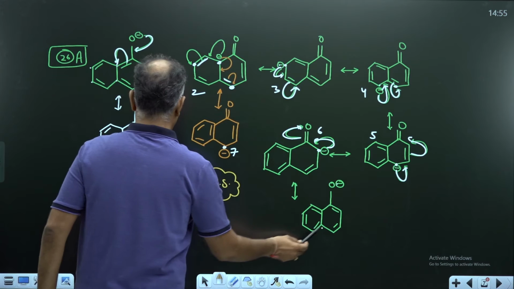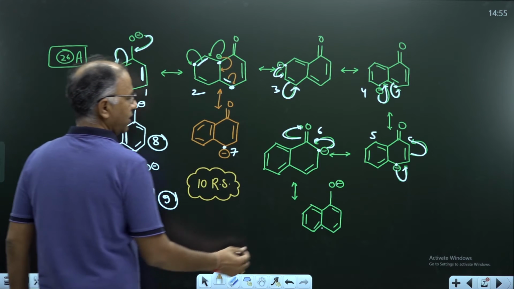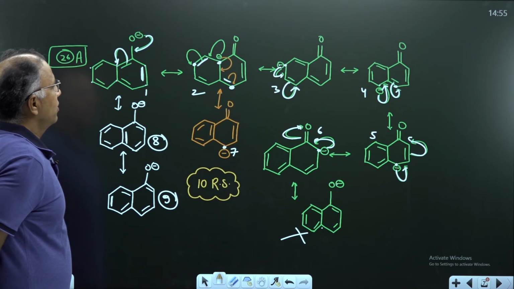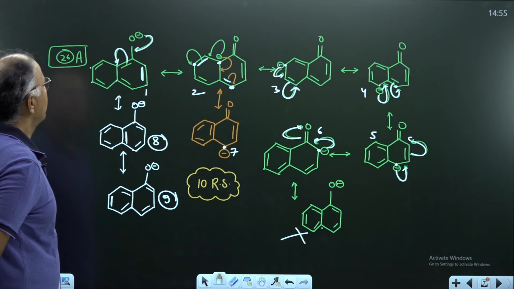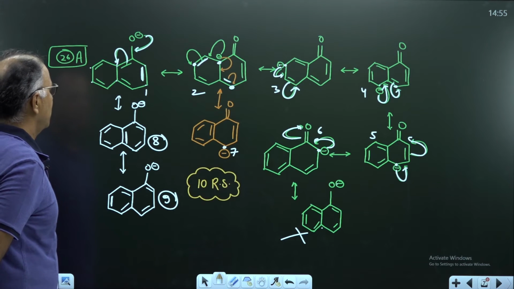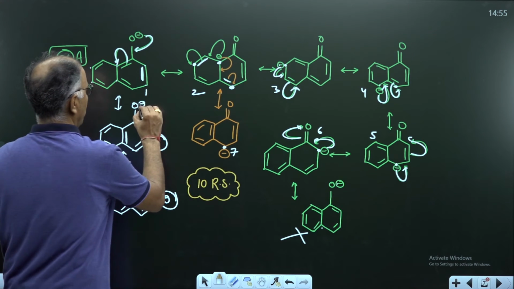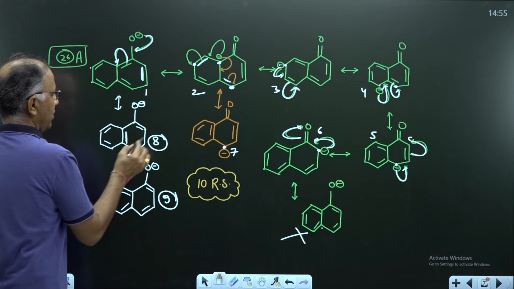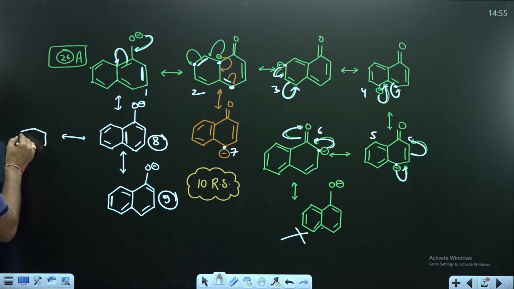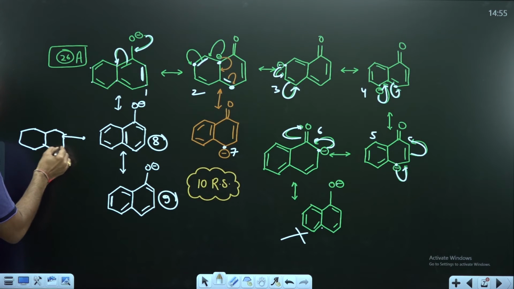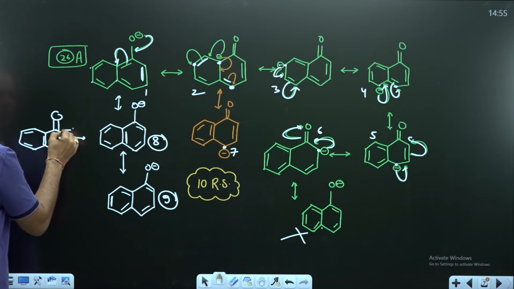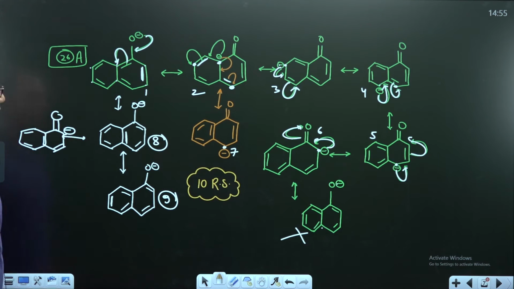This and this are identical. These two are identical. And if I start with this, if the lone pair is in conjugation with the pi bond, if this lone pair undergoes resonance, this will be the RS.